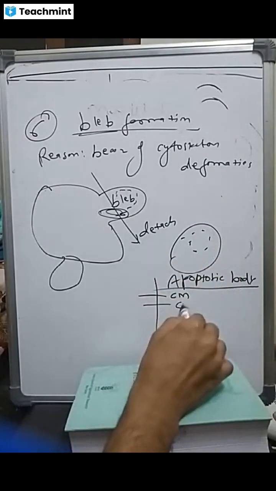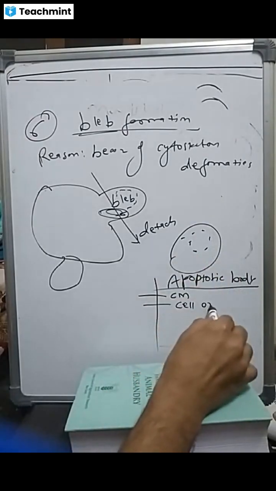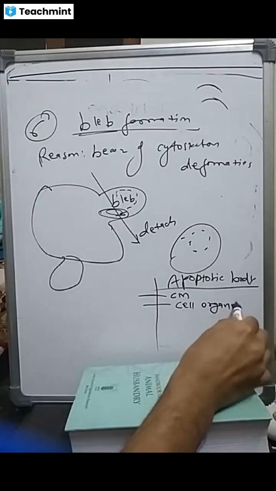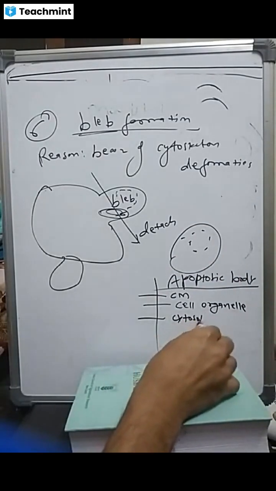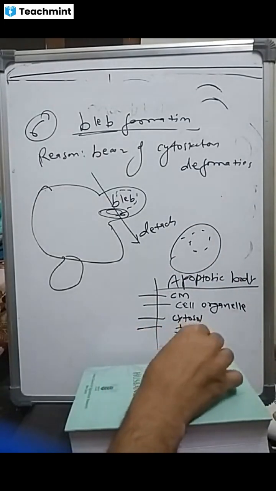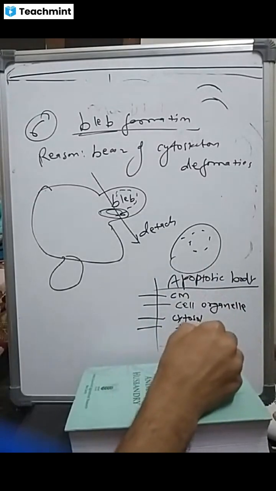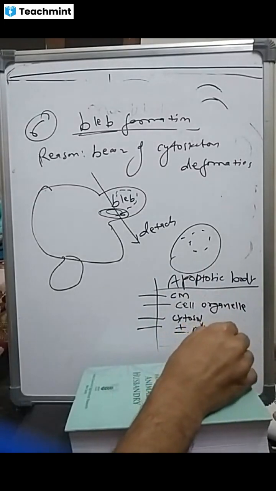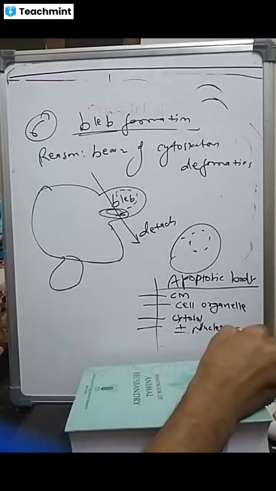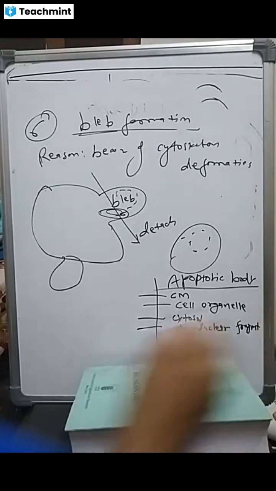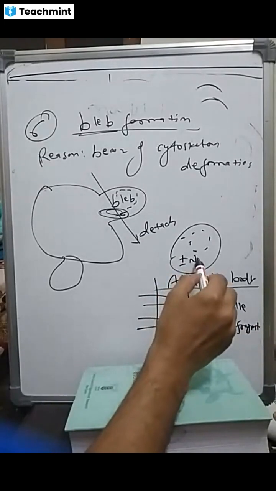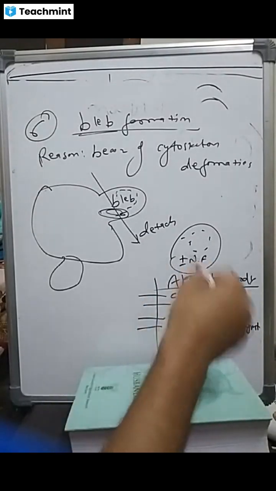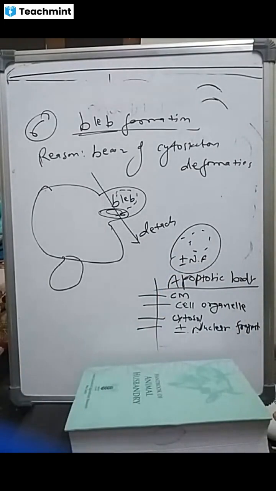It has some cell organelles. It has cytosol, and may or may not have a nuclear fragment. So plus or minus nuclear fragment. That is the composition of an apoptotic body.